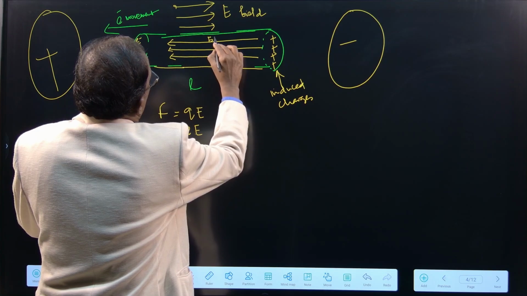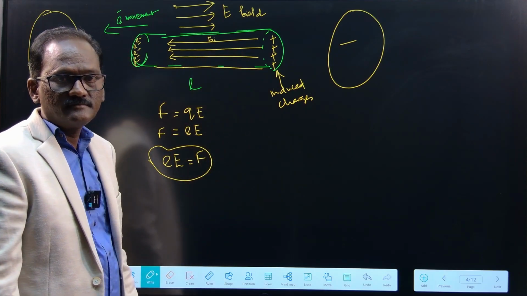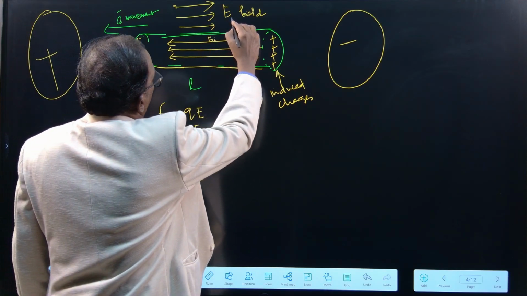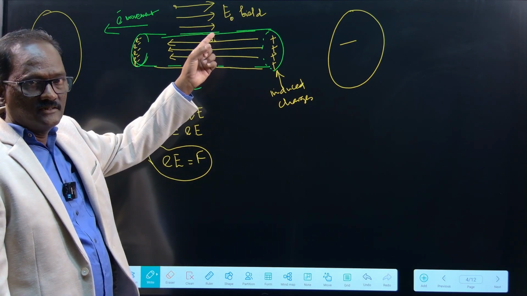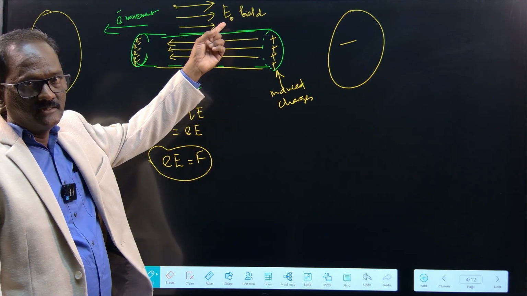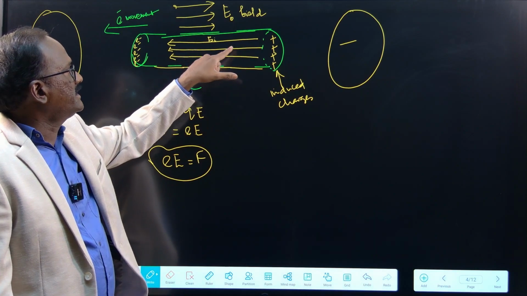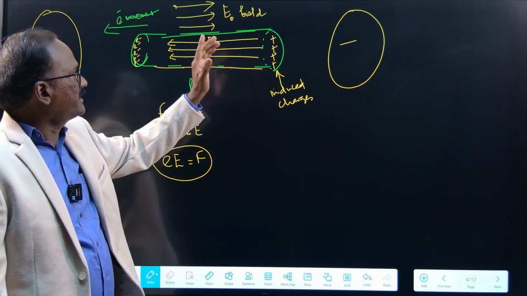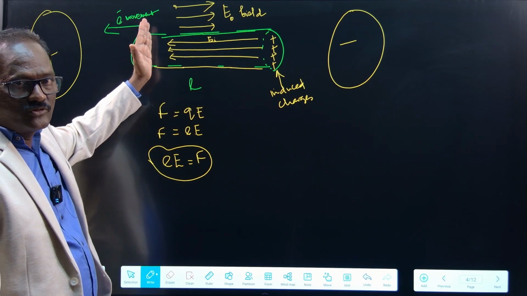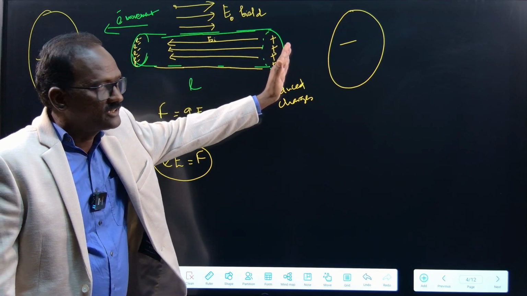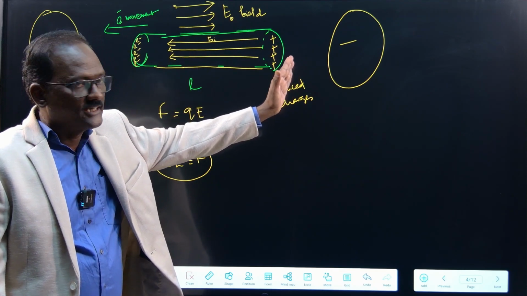This internal electric field I will write as EI. The externally applied E field, let it be EO, the outside electric field. Inside, it is the induced electric field. Because of the applied E field, all the electrons have moved to the left hand side and positive charges to the right hand side.